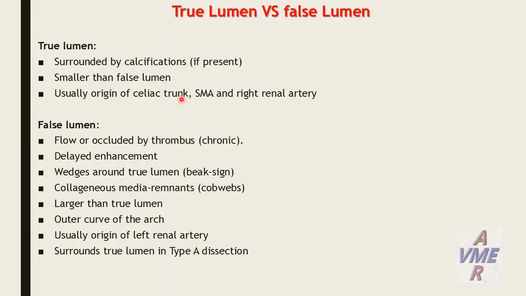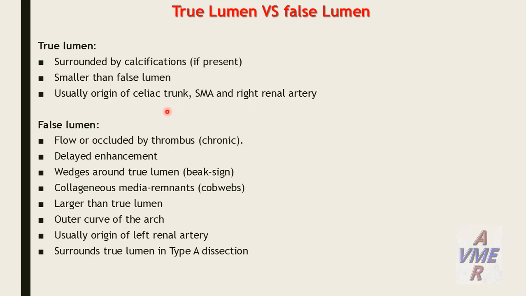How can we differentiate between the true lumen and false lumen in CT angiography? True lumen is surrounded by calcification if present, smaller than the false lumen, usually the origin of the celiac trunk, superior mesenteric artery, and right renal artery.